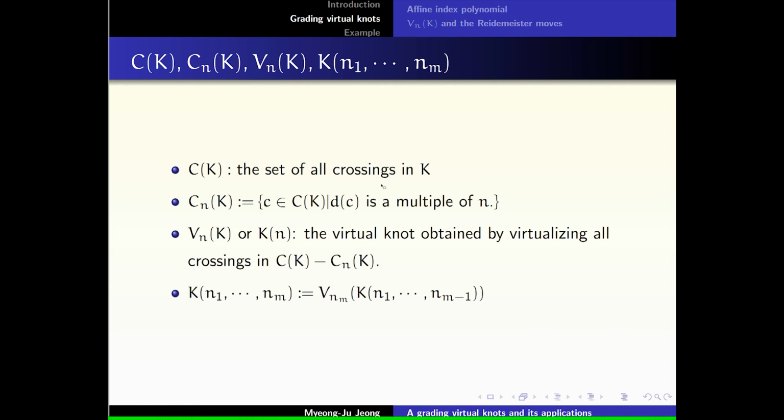Now, we study some notations which will be used in this talk. From now on, C of K will denote the set of all crossings in K, and we consider a subset of C of K denoted by C sub n of K, where n can be any natural number. C sub n of K is defined as the collection of crossings C so that the degree of C is a divisor of n.